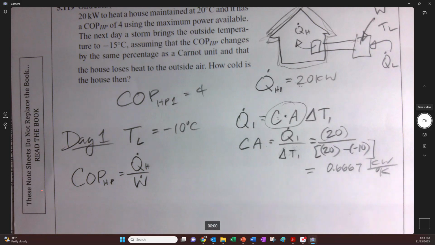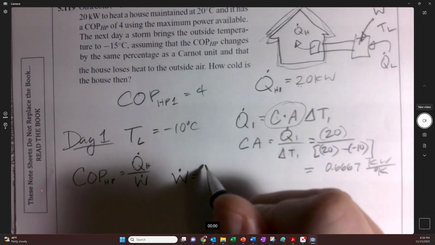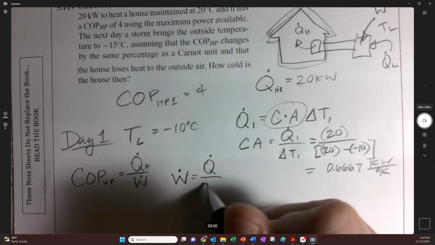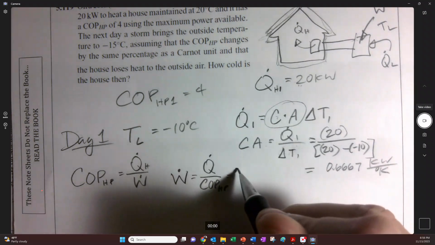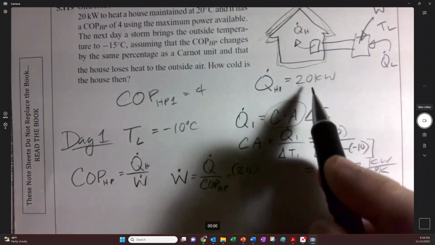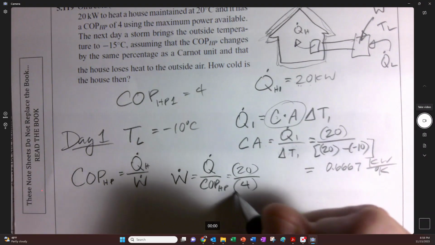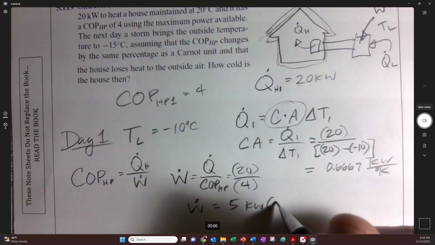That's the definition of it. So we can find out what its power is going to be: QH divided by the coefficient of performance of the heat pump. If that's 20 kilowatts and 4, then our power is 5 kilowatts max.